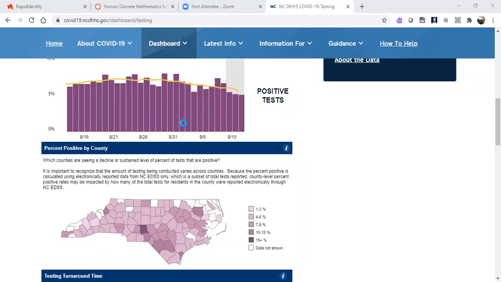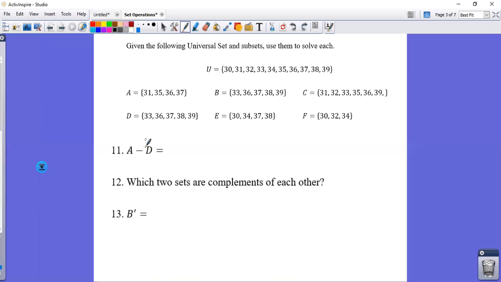So when you are subtracting, if there is an element in what you're subtracting that doesn't exist in the first one, it doesn't matter. It doesn't affect anything. So like A minus D, there's a 31 in A. There's no 31 in D, so it stays. The 35 doesn't get subtracted out. The 36 does, and the 37 does.